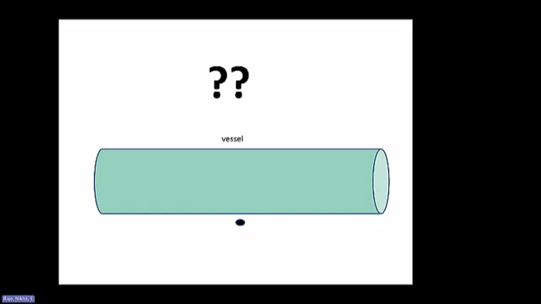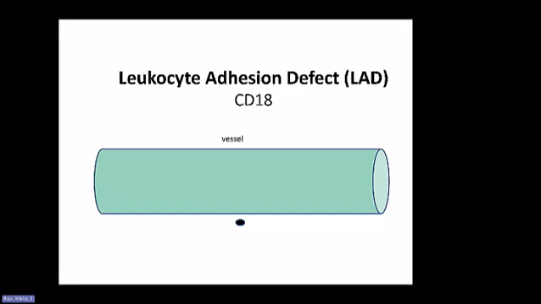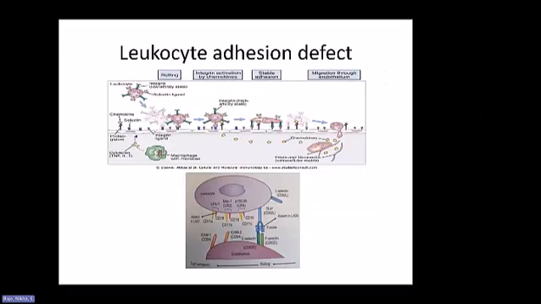So the defect causes leukocyte adhesion defect, typically described as a defect in CD18, but we'll see how there are different types of LAD. Thinking about the immunological basis of this defect, remember we talked in chapter 3, there are selectins and integrins. Selectins help these neutrophils roll on the surface of the blood vessel wall.